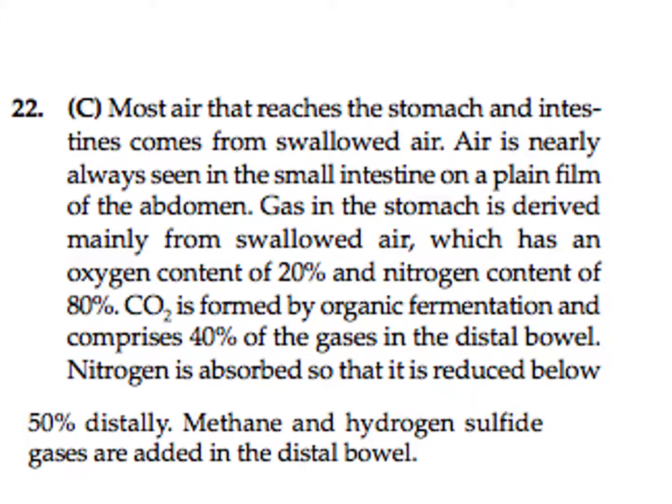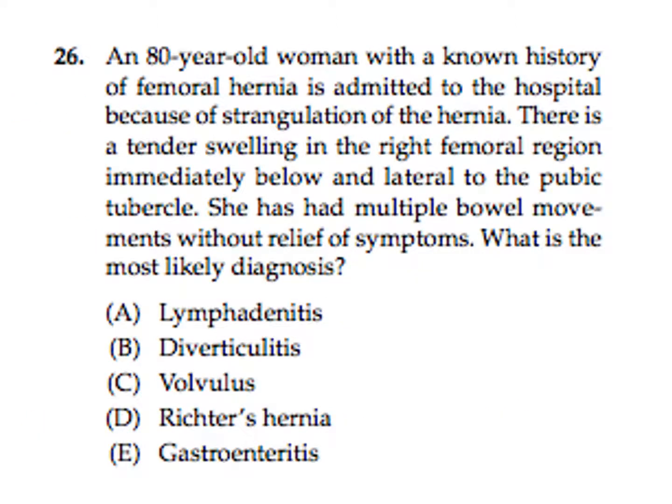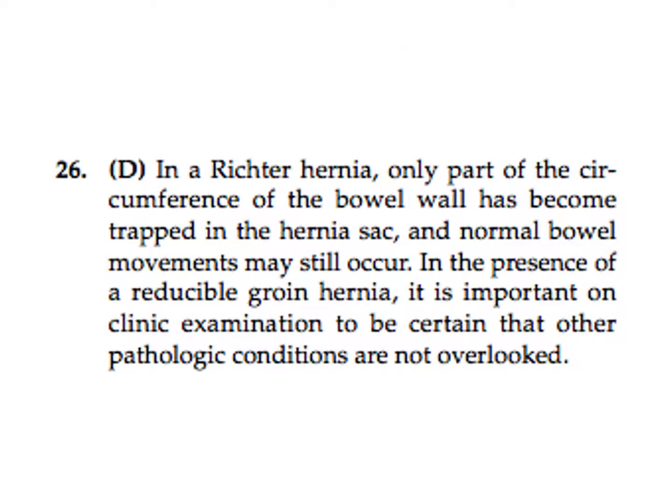So the air's not reaching the stomach, so obviously some kind of disconnect at the proximal part of the stomach, so that's the most viable answer. Richter's hernia, part of the bowel wall is involved, so it's kind of a partial obstruction.